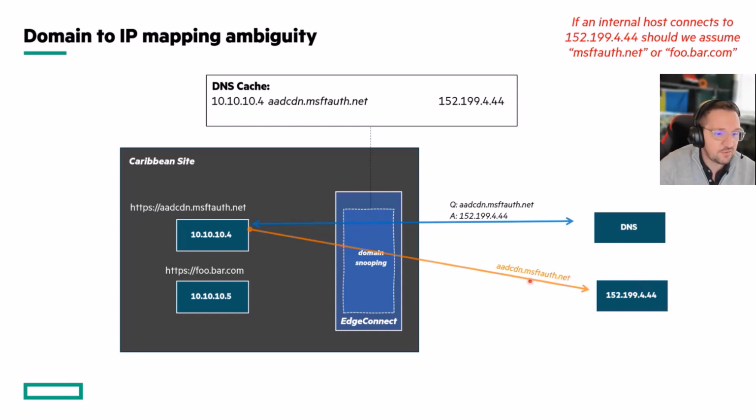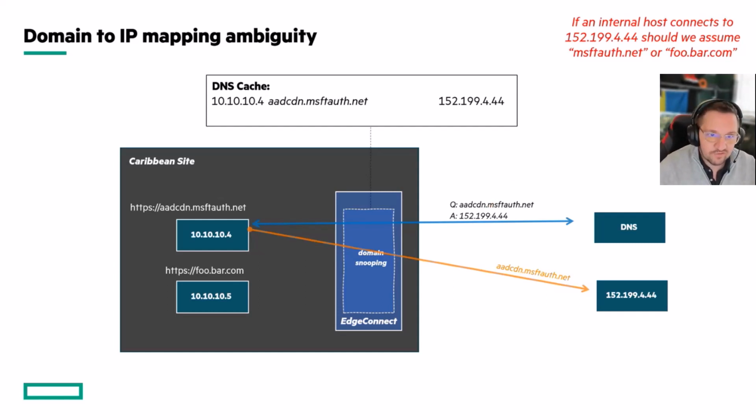So the EdgeConnect watches the DNS query answers, caches the results, and then uses that cache to appropriately classify subsequent TCP sockets that come through the system. So this is how most of the application names that you see in the orchestrator or in the flow table, those application names are being derived through this domain pipeline.